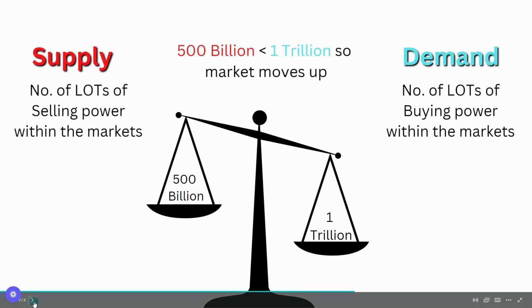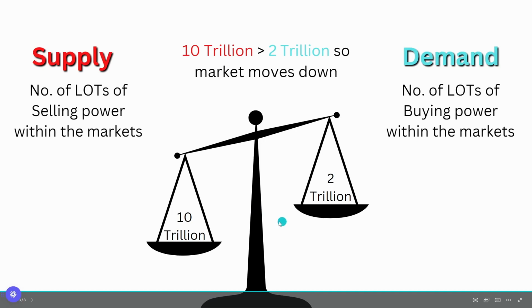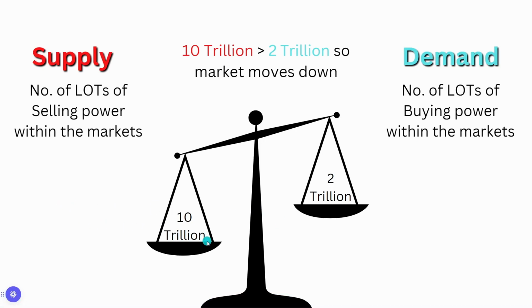So we end up with something along the lines of this, where now we have 10 trillion lots of selling power in the market and only 2 trillion lots of buying power. In this case, supply is now outweighing demand, therefore the market must move down.